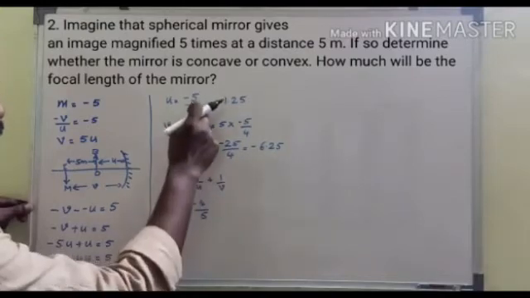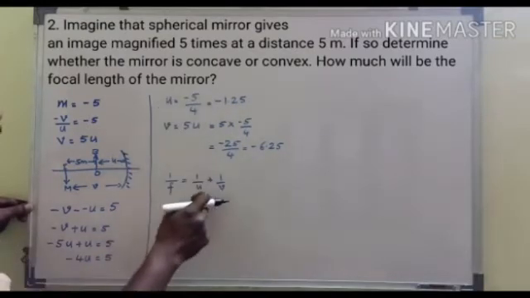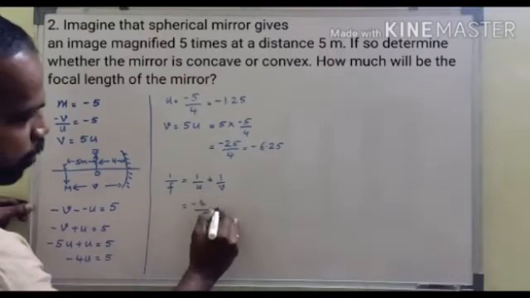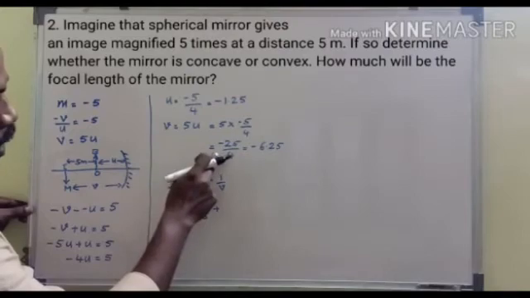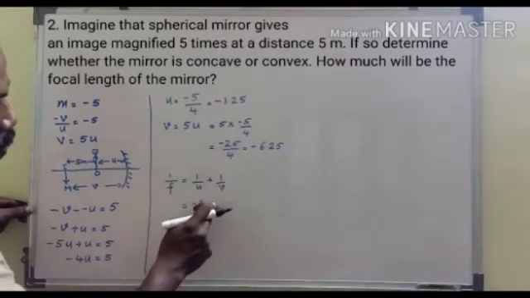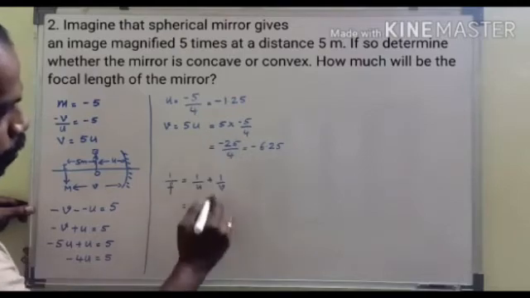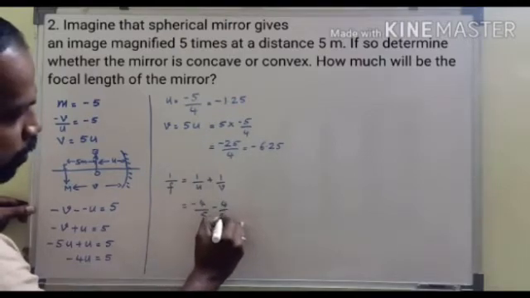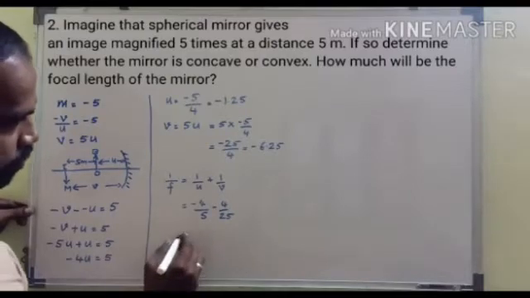We take the reciprocal because here it is u. So minus 4 by 5 plus, for v, minus 4 by 25.